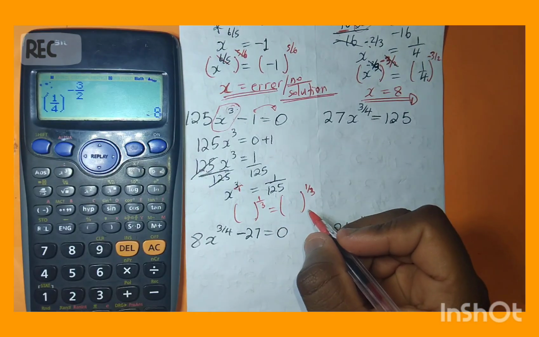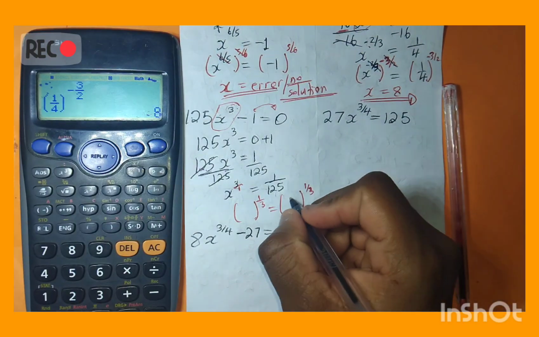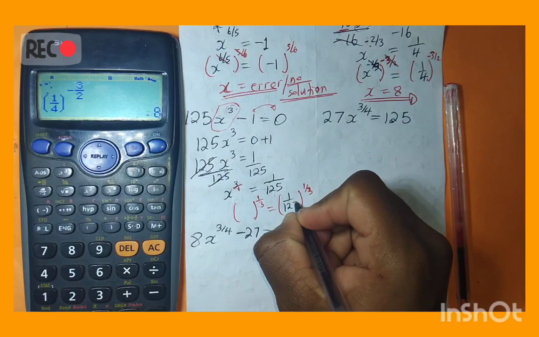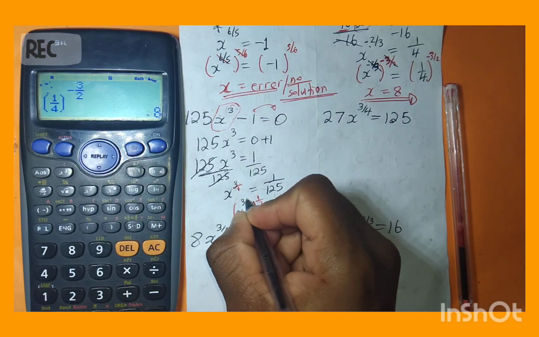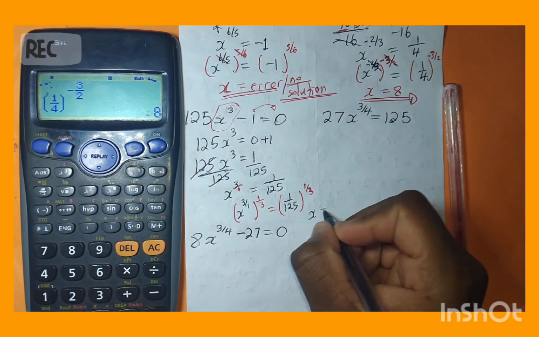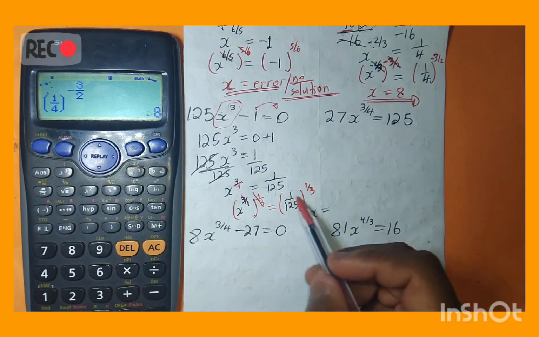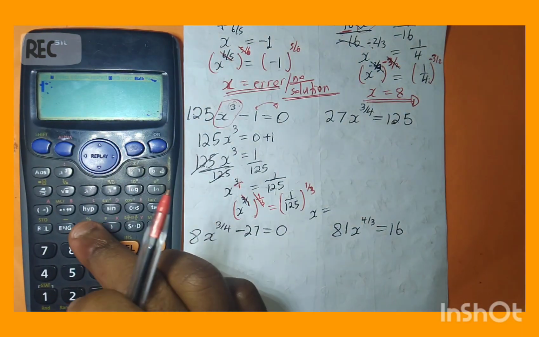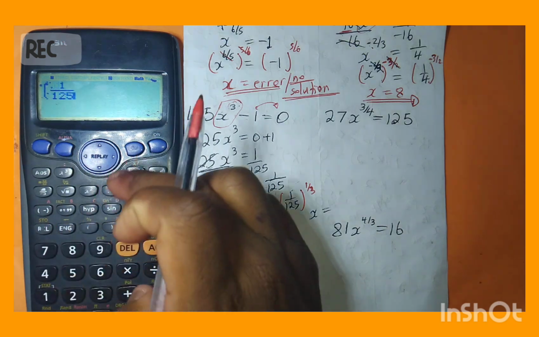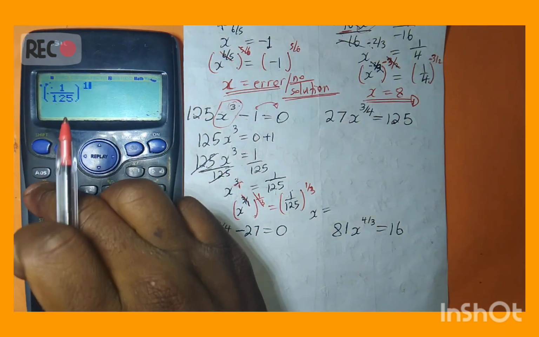And now this is what will happen there. This is what I have here, 5, and here it's x^3 over 1. Meaning now my x value there, because both of those two things cancel. All of this, I'll just press on my calculator, 1 over 125 to the 1 over 5.